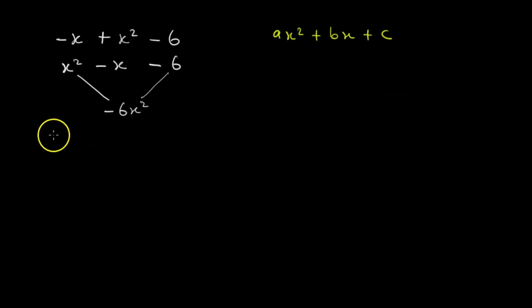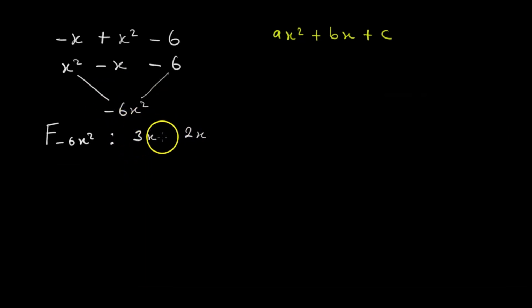When we have done that, we have to find the factors of minus 6x squared such that when we multiply those factors, they should give us minus 6x squared, but if we add them, they should give us the middle term, which is minus x. So when we take factors like, for example, 3x and 2x, what do we do?